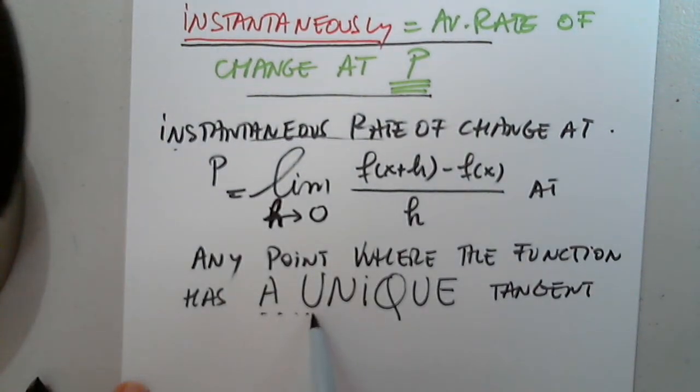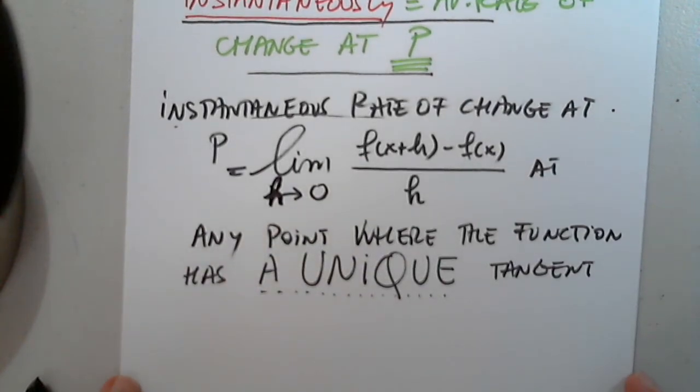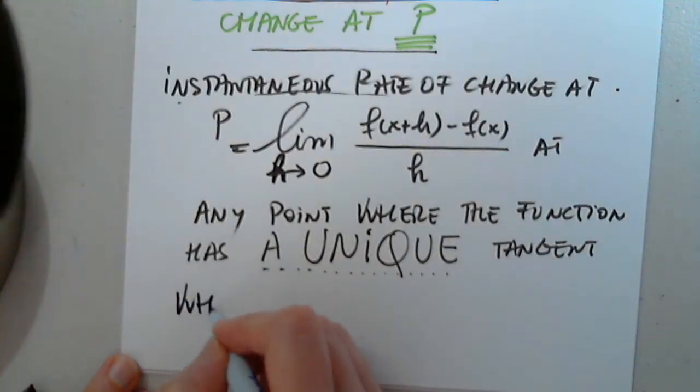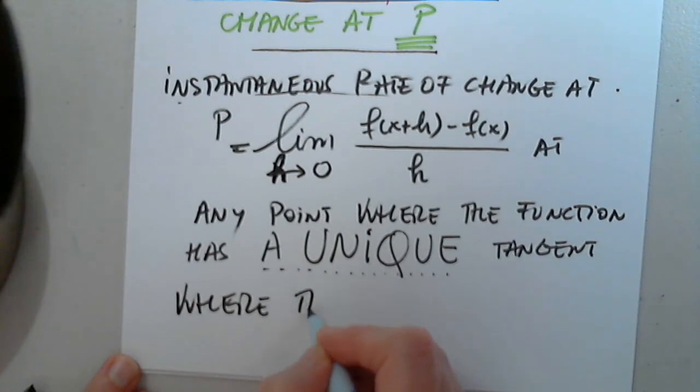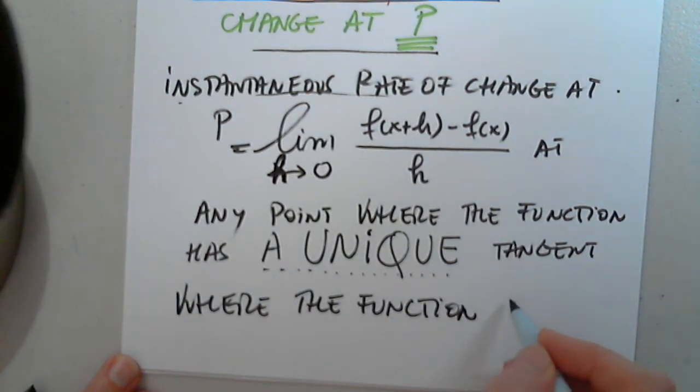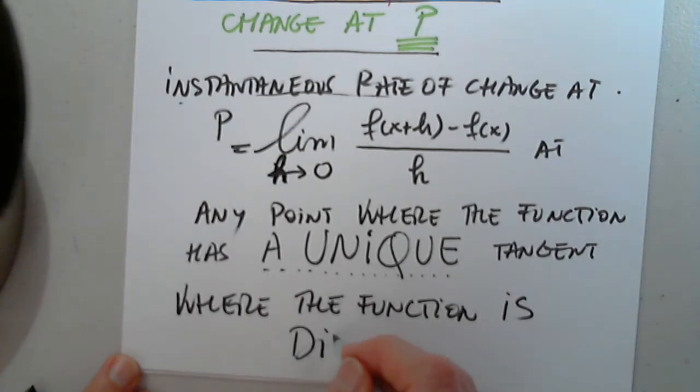We don't really like to write it like this. We like to say it more sophisticated. So instead of writing this, we are going to say where the function is differentiable.